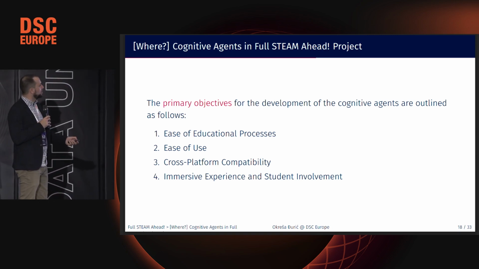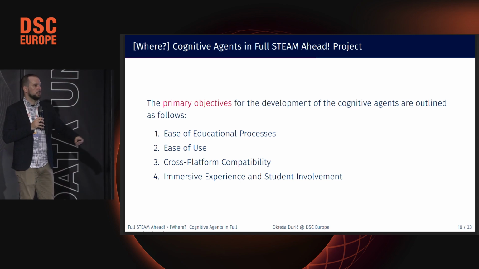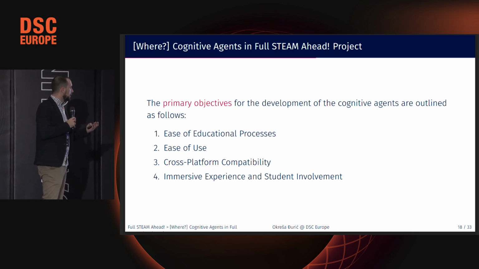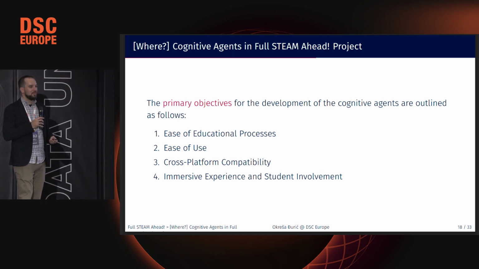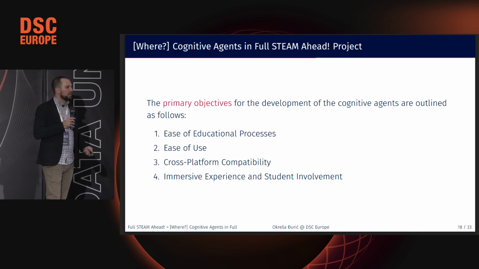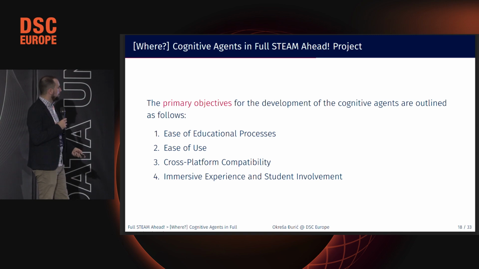Now, ease of use was very, very important to think of because we wanted our students to be able to open and interact with those agents as easily as possible, so that even those who might have some, not necessarily problems, but some trouble teaching or learning or accessing contents might be able to use those as well and not get all nervous just because they have to ask somebody something.